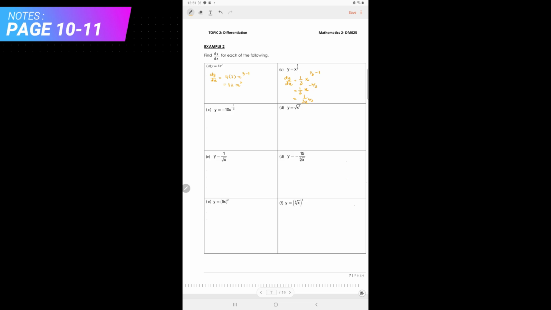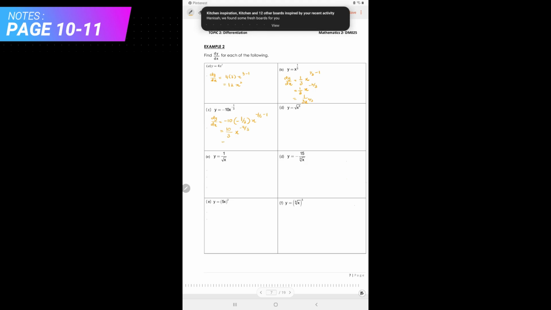Okay, C, dy/dx equal to negative 1/3 times 10 x to the power of negative 1/3 minus 1. Okay, so negative akan jadi positive, x to the power of negative 4/3, atau 10/3 x power of 4/3.